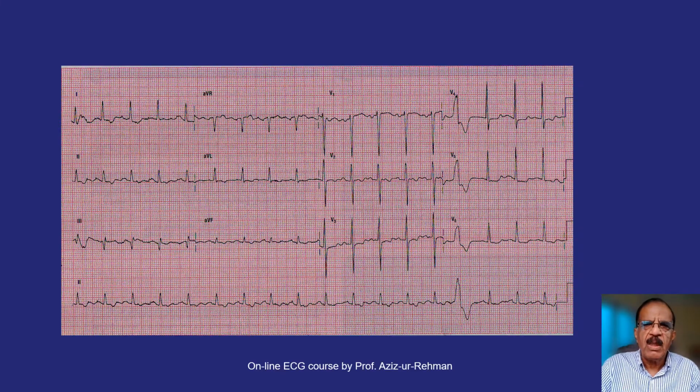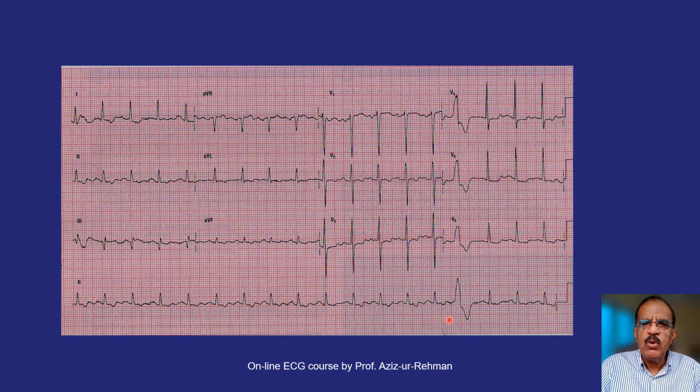Okay. So this is the ECG. I assume that you have watched earlier parts, so I will not be discussing the basic things which I've covered in the earlier videos. So let's examine this ECG, and this is the rhythm strip. If you see, PQRS, PQRS, PQRS, PQRS, nice PQRS coming at regular intervals.